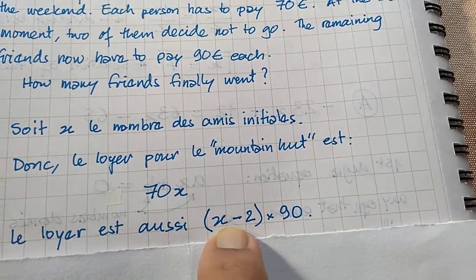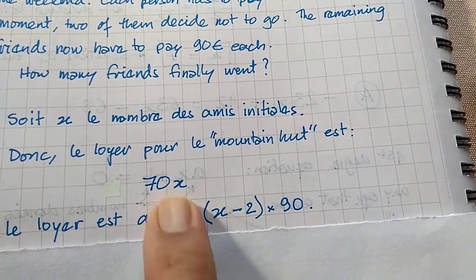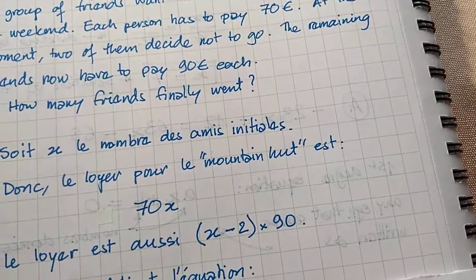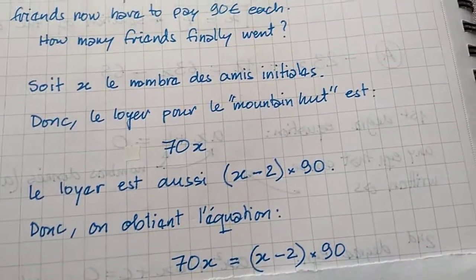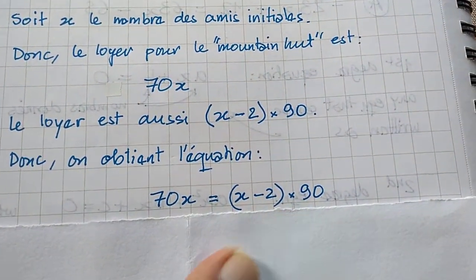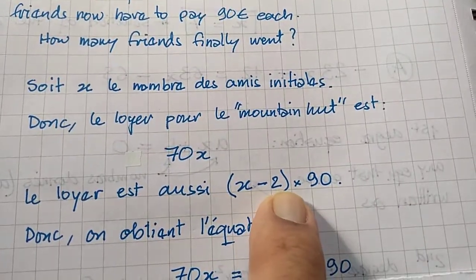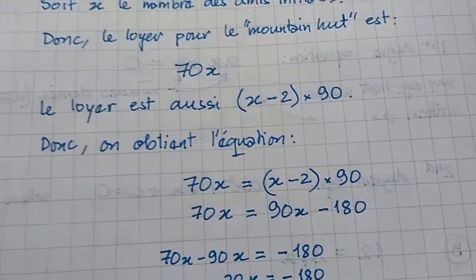So you have an equation, because you can take this expression equal to that expression, and that is what we have done. Donc on obtient l'équation 70x est égal à (x moins 2) fois 90. I could of course have written 90 times (x minus 2) instead. Then we solve it.